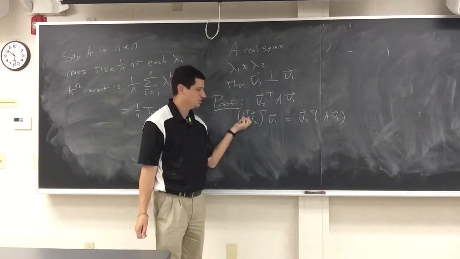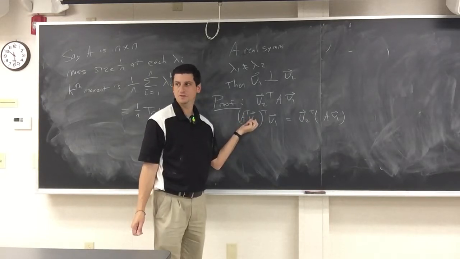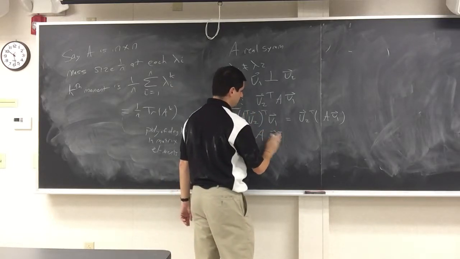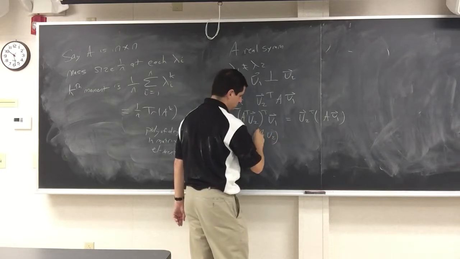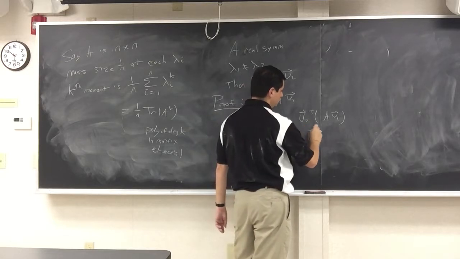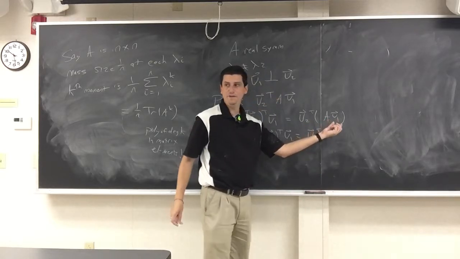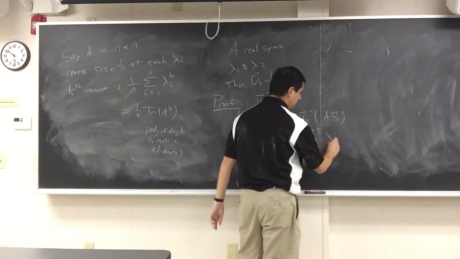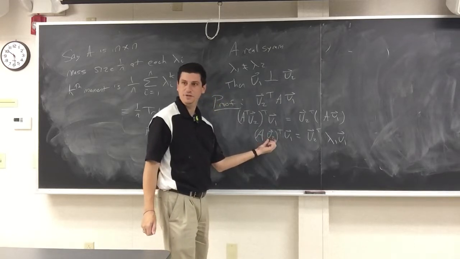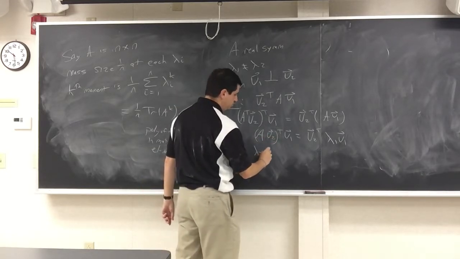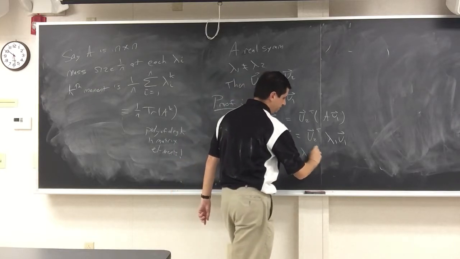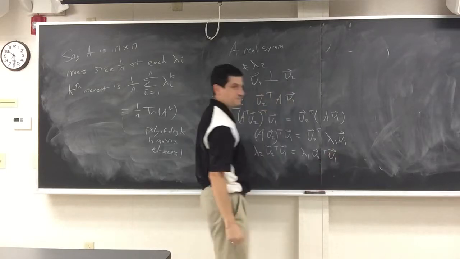What is A transpose equal to? Because it's real symmetric, it's just A. So we get (A v2) transpose v1. Now we have v2 transpose, and because v1 is an eigenvector, this will be lambda 1 v1. Well, this is going to give me now lambda 2 v2. So we get lambda 2 v2 transpose v1 is lambda 1 v2 transpose v1.